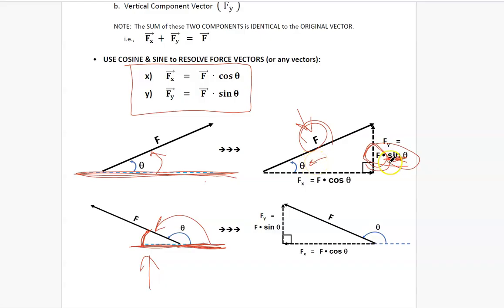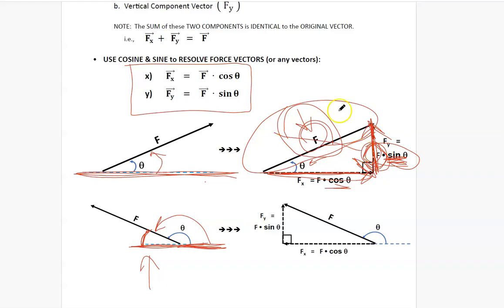And then you multiply the sine of the angle times the force, and you'll get the magnitude of the vertical one. And if you multiply it by the cosine instead, you'll get the magnitude of the horizontal vector. So now we've turned this vector into two easier to use vectors, a vertical and a horizontal, and then we just forget about the diagonal one for now.